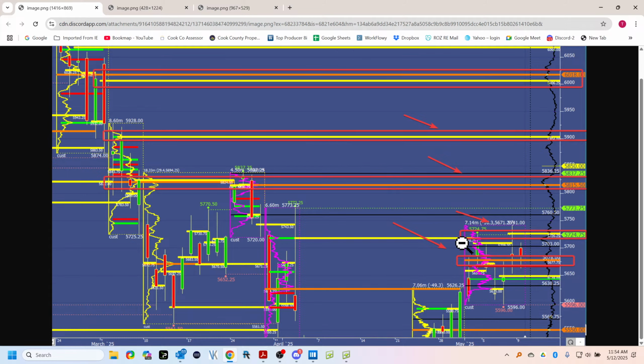What does the market do? The market goes up to go down. The market goes down to go up. And here it was in the middle, inside, to go down.